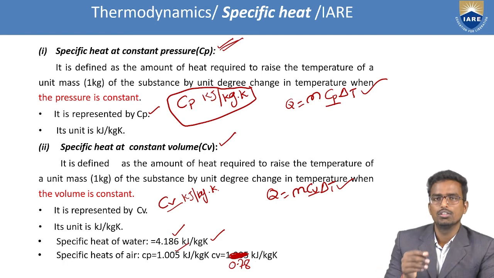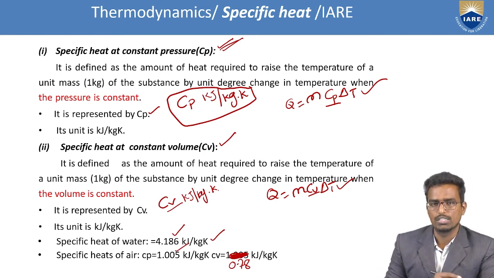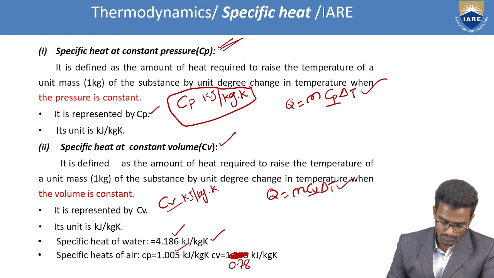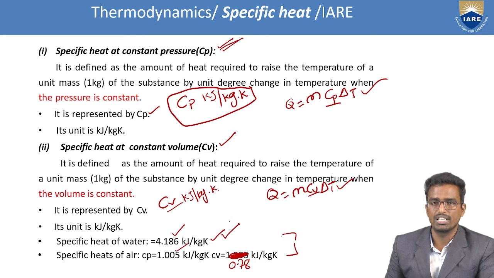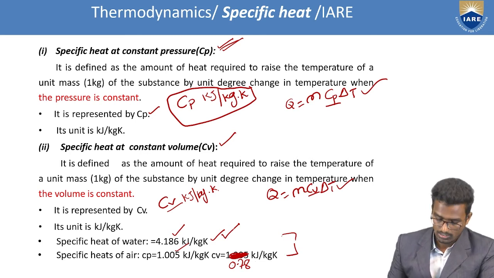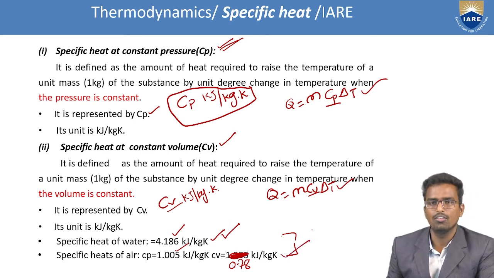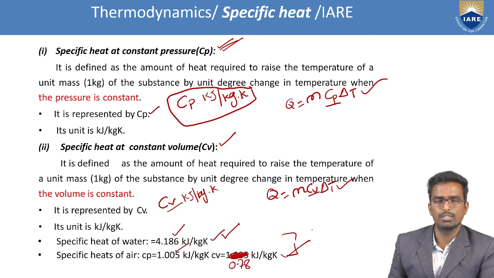Right, this is the specific heat, and by this you can understand a simple thing: for liquids we have only specific heat at constant pressure, but for gases we have both Cp, the specific heat at constant pressure, and Cv, the specific heat at constant volume.